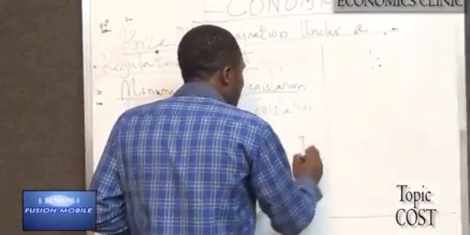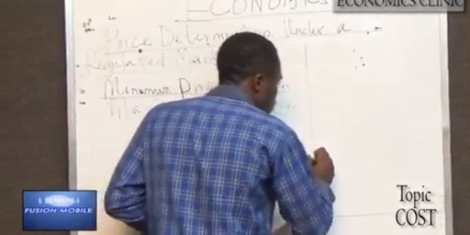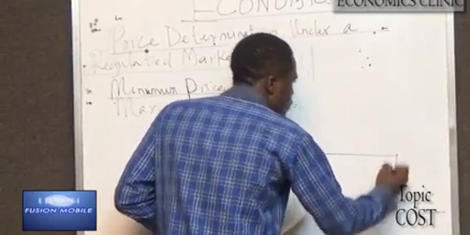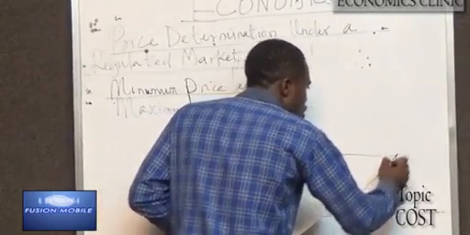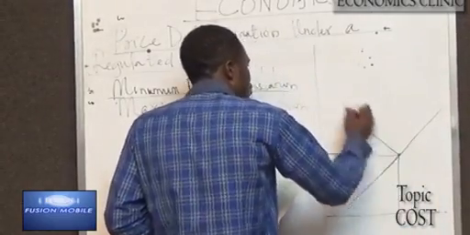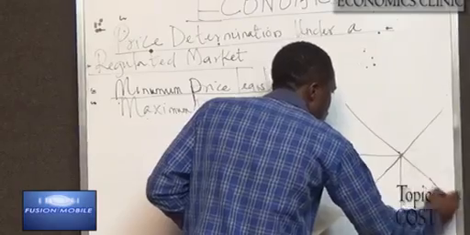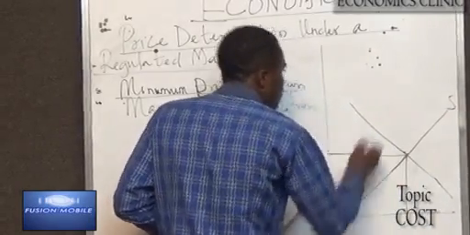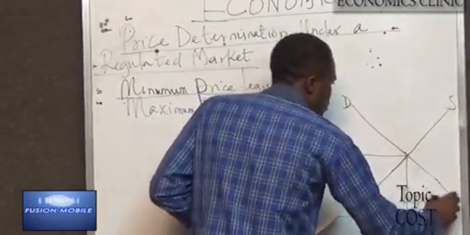where we have price 1, equilibrium position, demand and supply, demand.